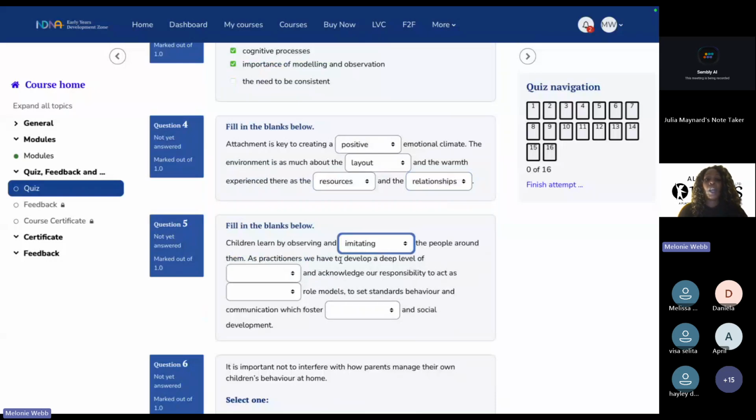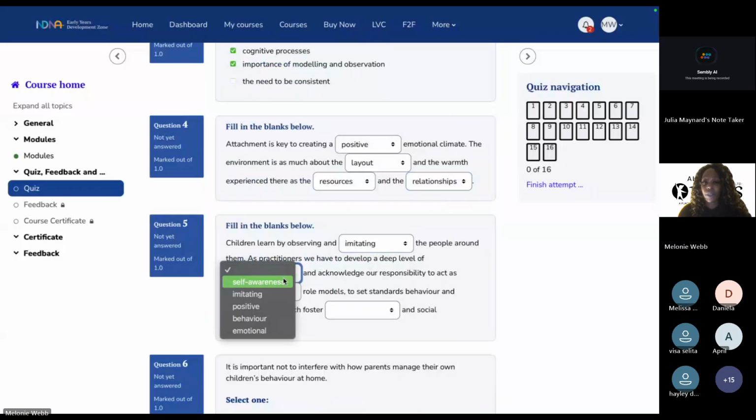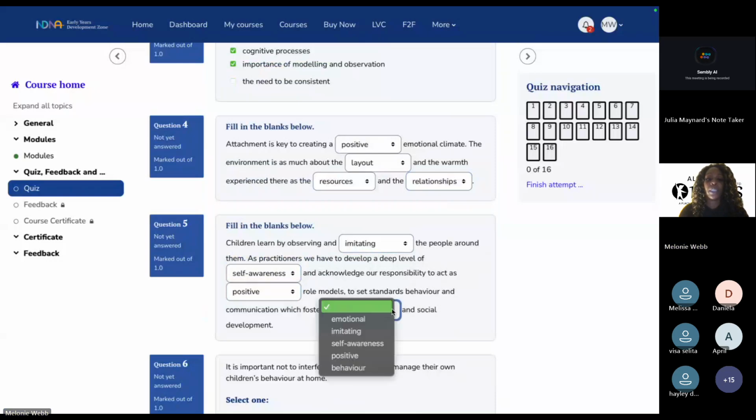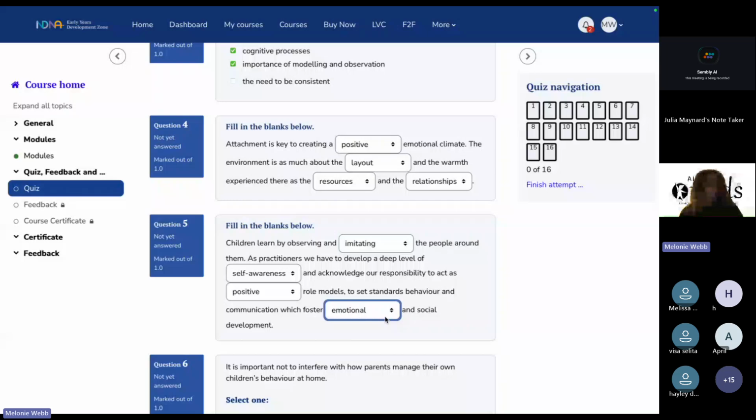As practitioners, we have to develop a deep level of self-awareness and acknowledge our responsibility to act as positive role models, to set standards of behavior and communication which foster emotional and social development. Lovely job.